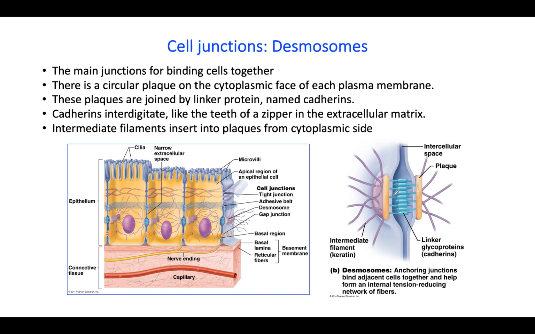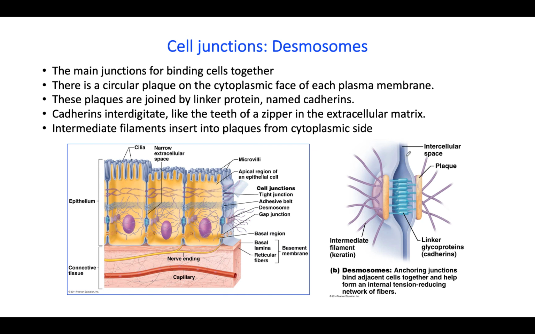If we look at this desmosome complex, you can see this plaque, a circular plaque on the cytoplasmic face of each plasma membrane.